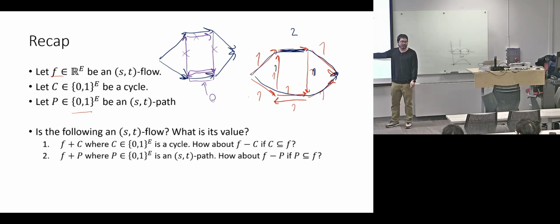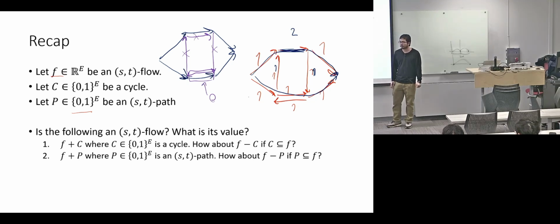What about this? Subtract. If P is a blocking path. Why? If P is a blocking path, then, what is a blocking path, by the way? It's a path where all of the edges are saturated in it.